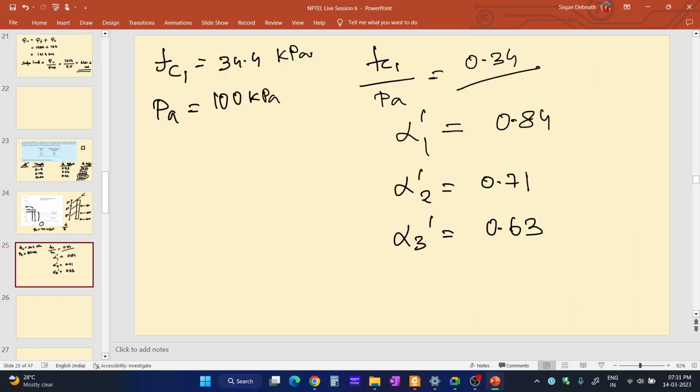So we now have the value of adhesion factors of all the three segments.